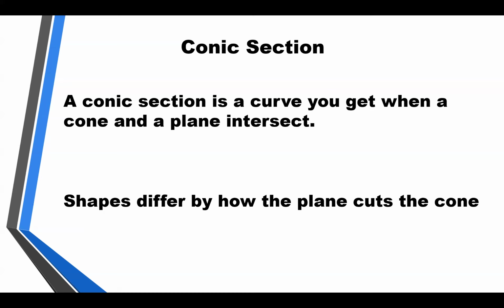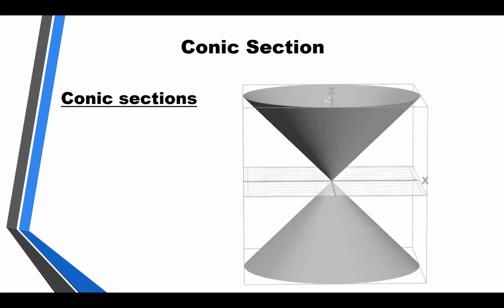Now, shapes are going to be different based on how the plane cuts that cone. When I say cone, I'm talking about the three-dimensional cone, like the one you see in this picture. It's going to go in both directions, again in three-dimensional space.